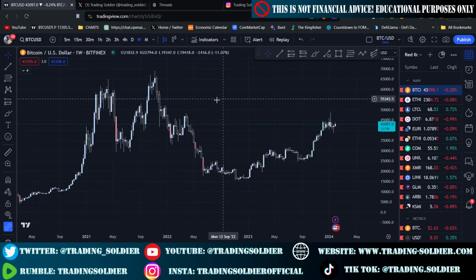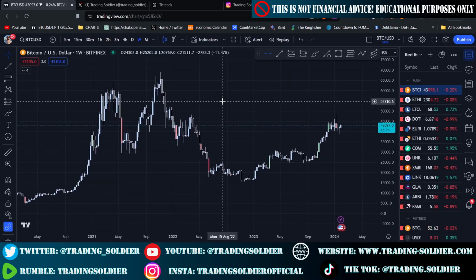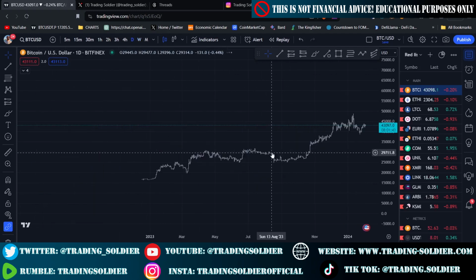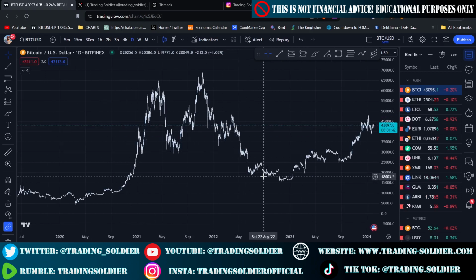The first thing I want you to keep in mind before applying this strategy is that charts are fractal. When we find a support and resistance level in the weekly time frame, every candle in the chart is one week of time. If we switch to the daily time frame, every candle is one day of time, okay?